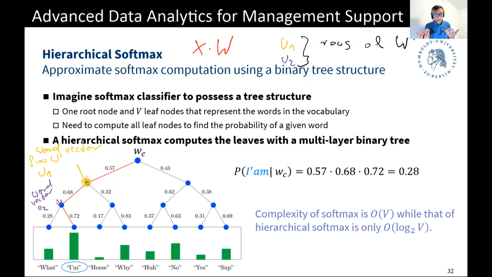And this is why hierarchical softmax will in tendency ensure that the word vectors of words that co-occur with the same set of context words will be similar. And that is exactly what we want.